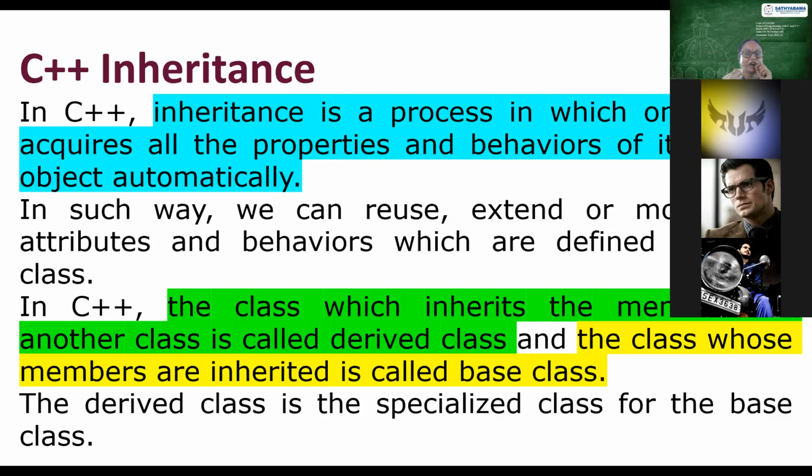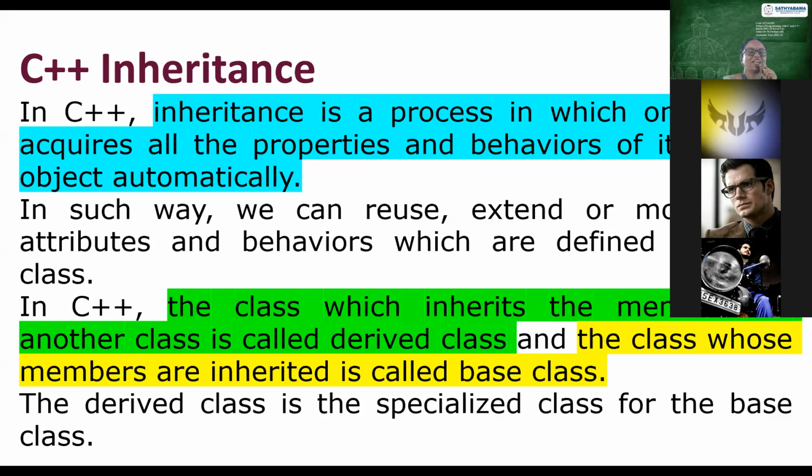It is a process in which one object acquires all the properties and behaviors from its parent object automatically. That's why I told you it gets all the properties from the base class to the derived class, from parent class to child class. Inherit the property, use the property. That is called inheritance.